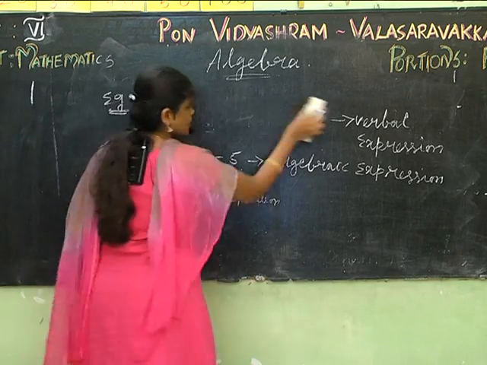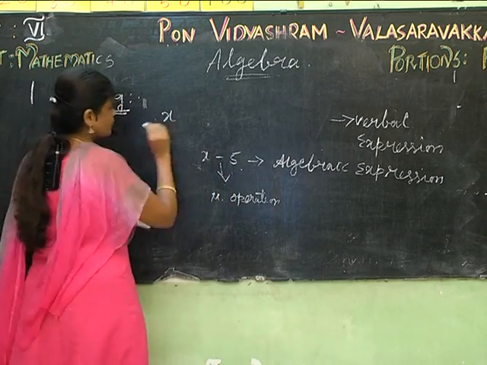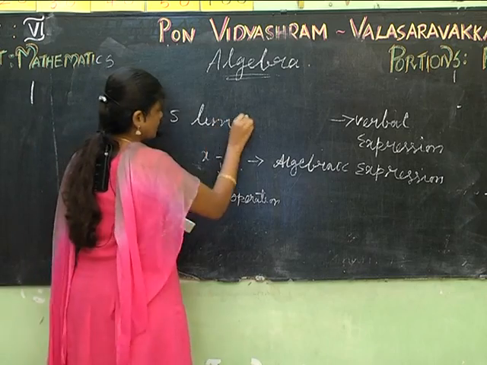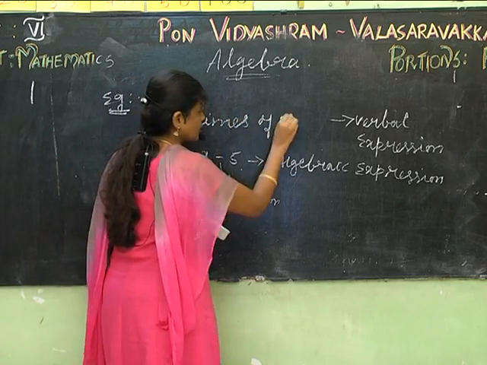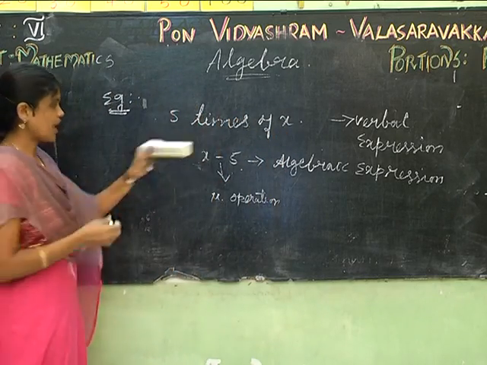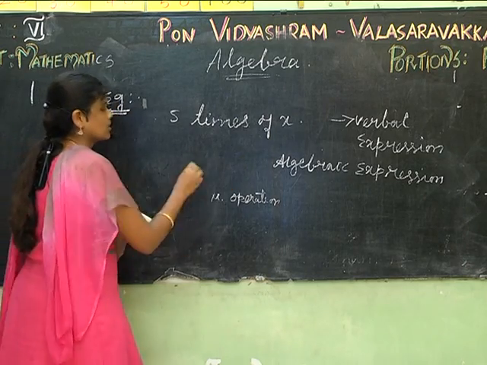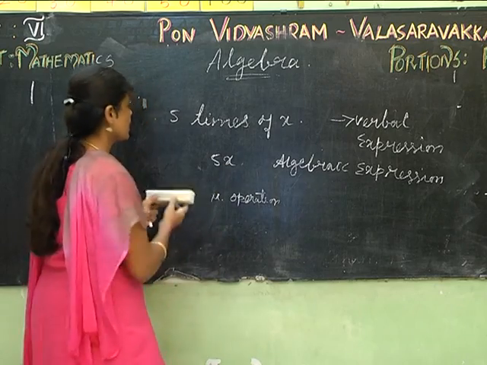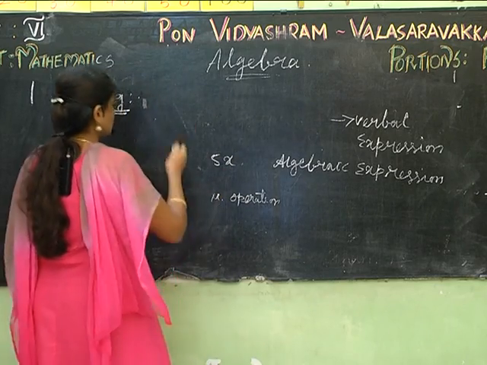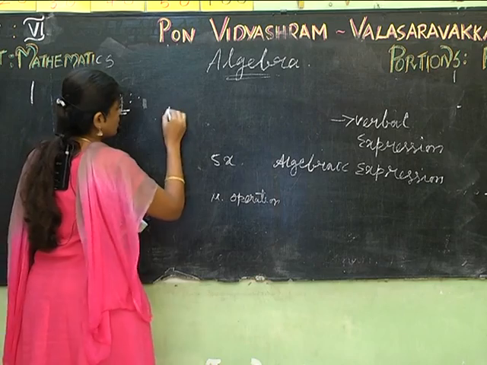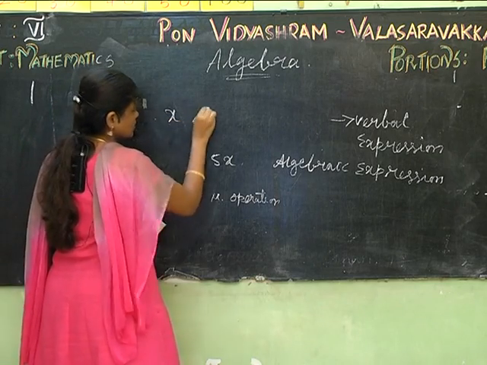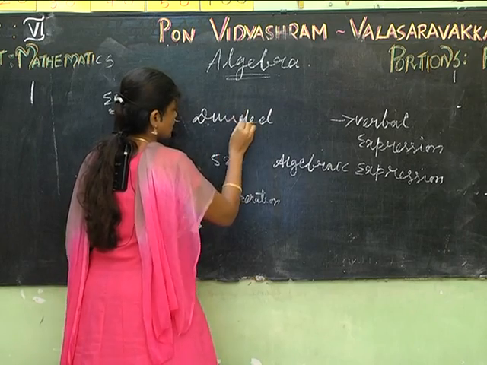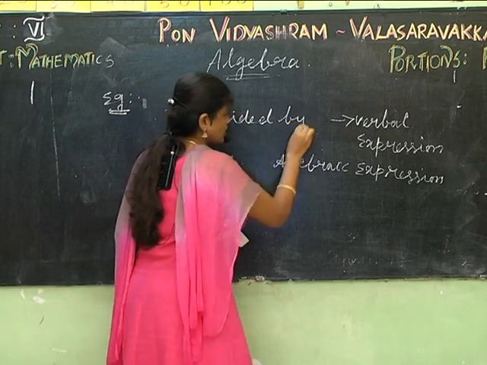Now I am taking multiply: 5 times of x. 5 times of x means 5 into x. This is called an algebraic expression. Now again, x divided by 6.